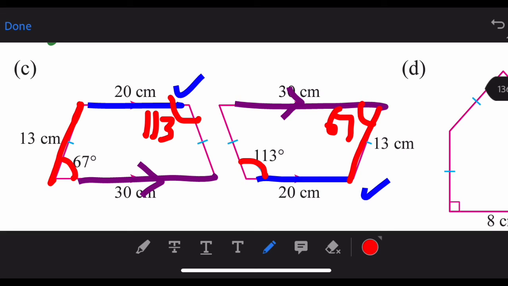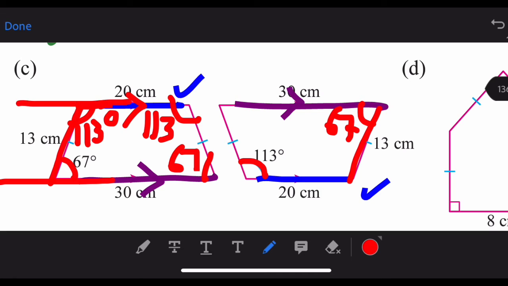These two look like they are congruent because the moment we have a parallel line, this angle should be 113, and this one should be 67. If we extend the line like this, we can extend it because it's a parallel line.